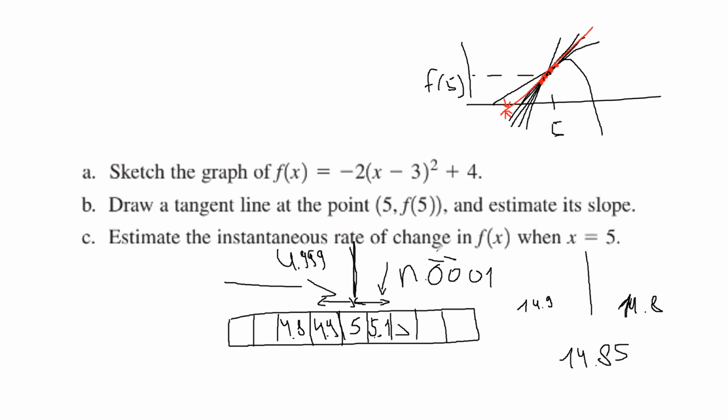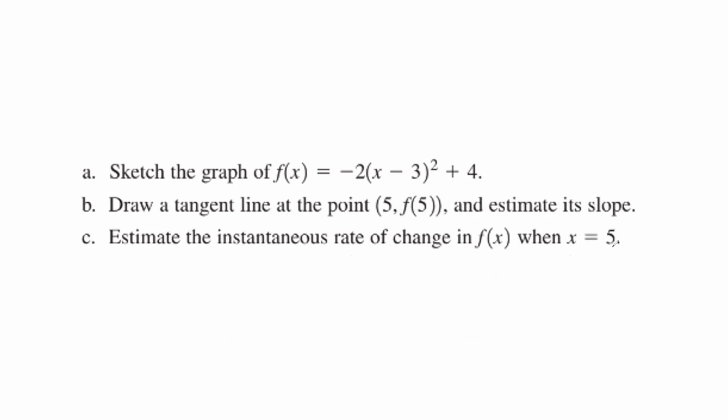Great. Estimate the instantaneous rate of change in f(x) when x equals 5. You see, it's again, estimate the instantaneous rate of change. Same as estimate the slope. Pretty much the same, but instantaneous rate of change.